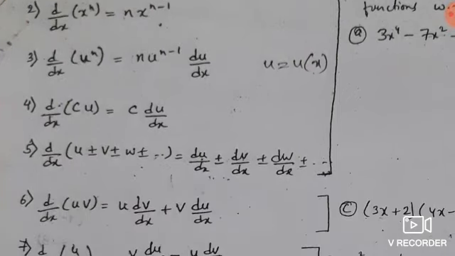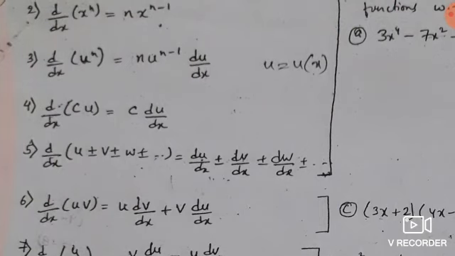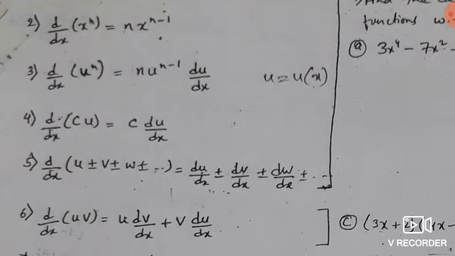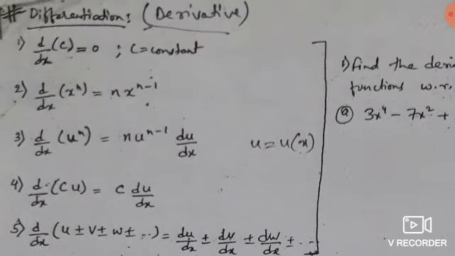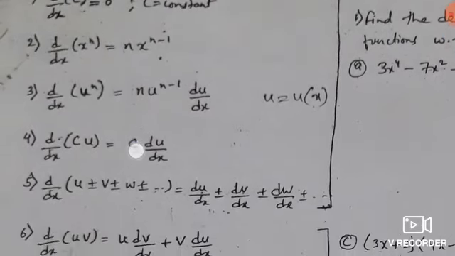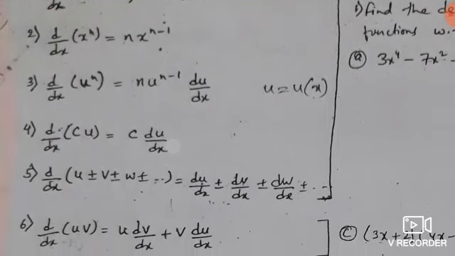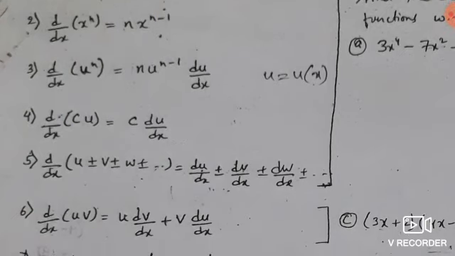And formula number 4, d/dx of cu, where c is a constant. The constant will come in front. If there is only a constant, then it will be 0, but if it is a constant and u, then c will come in front, and the derivative will be only du/dx.